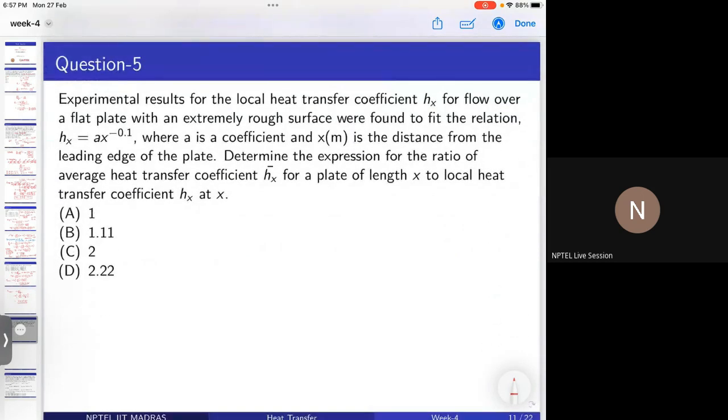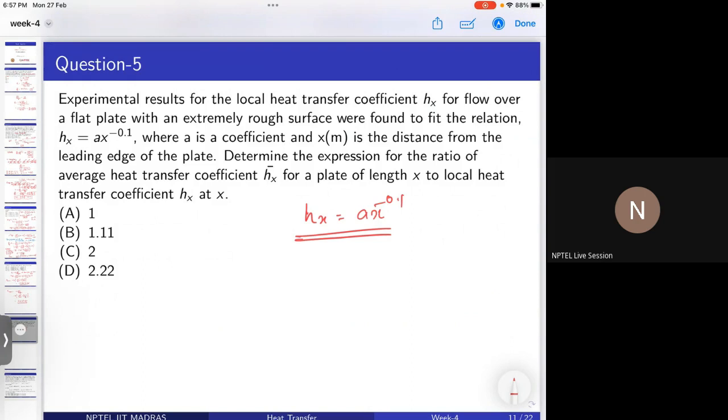So we are moving to the next question. This is a simple question, so I hope you will be able to solve this. We have experimental results of a local heat transfer coefficient hx over a flat plate, obtained by experiments and by fitting some correlation. This is the expression I got by experiment for the local heat transfer coefficient for a flow over a flat plate.